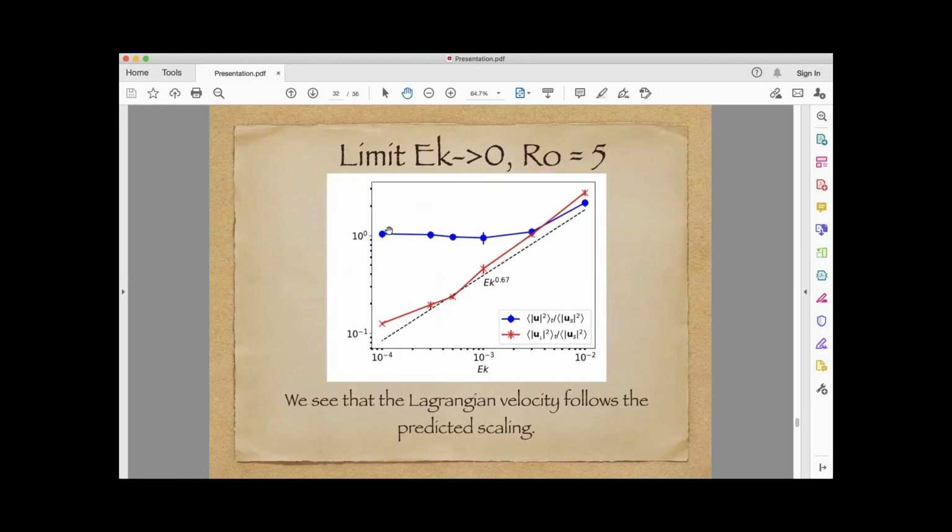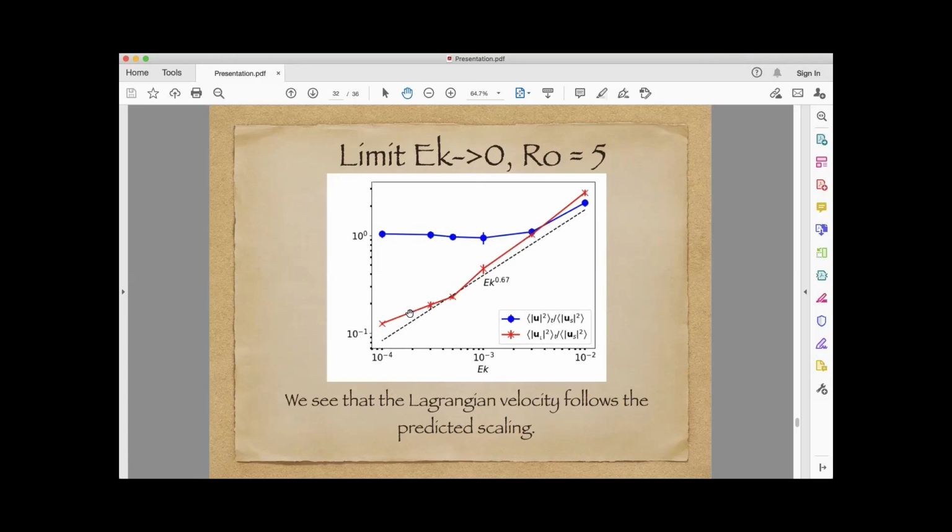And what we see is that in the low Ekman limit, UM square over US square goes to a constant, whereas UL square over US square scales like Ekman to the power 2/3. So this shows that the Lagrangian velocity field follows the predicted scaling from phenomenological arguments, where U cube over L is proportional to epsilon, and since epsilon is bounded by viscosity, U square scales like Ekman to the power 2/3. And this is what we find here.